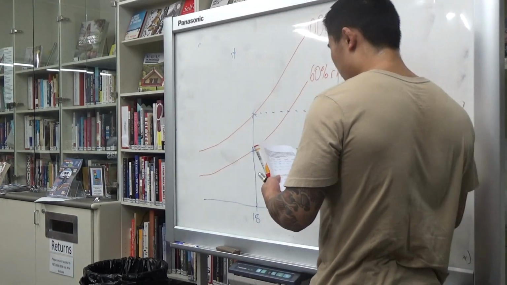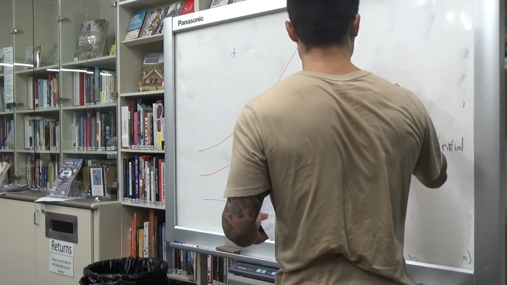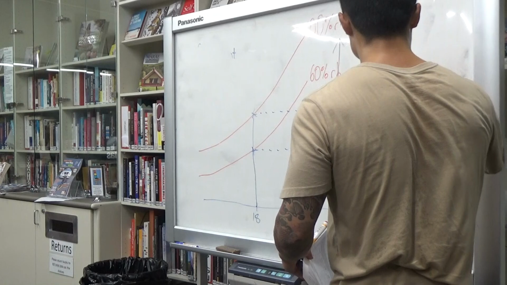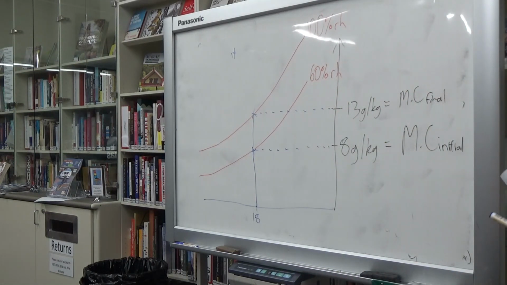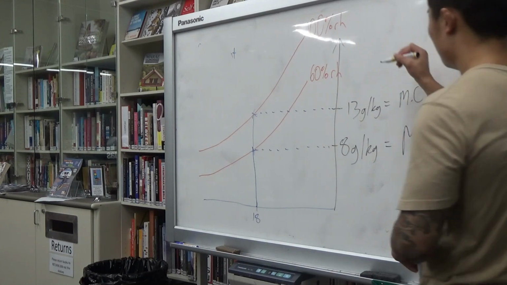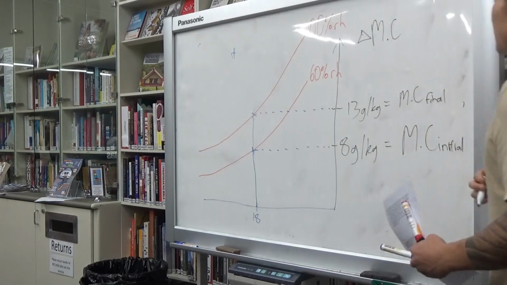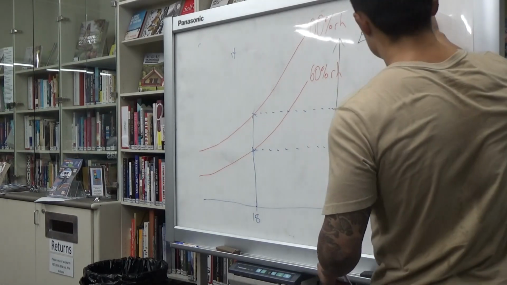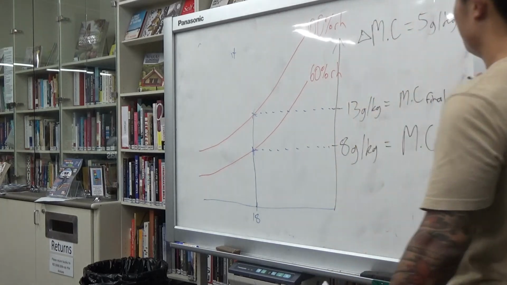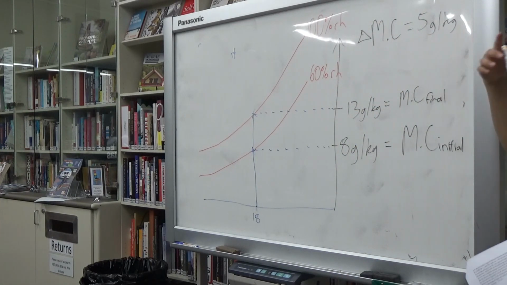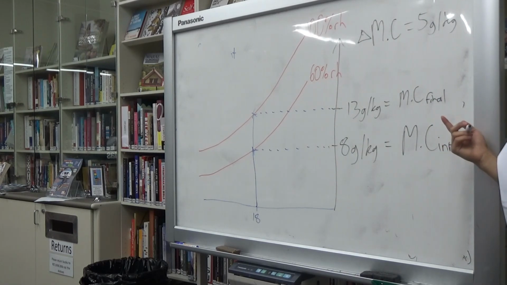And that's going to be 13. So that's our final moisture content. So our change in moisture content is going to be 5 grams per kilogram. So what that means is that for every kilogram of air, we've added 5 grams of water.